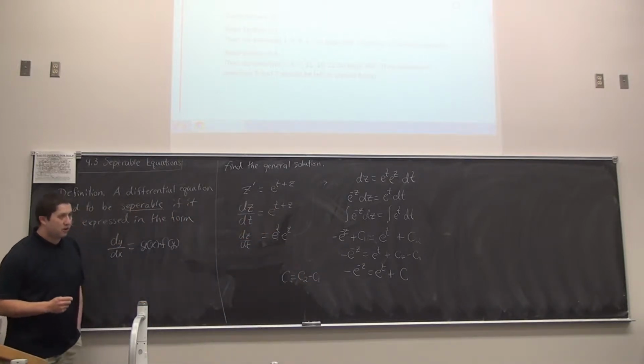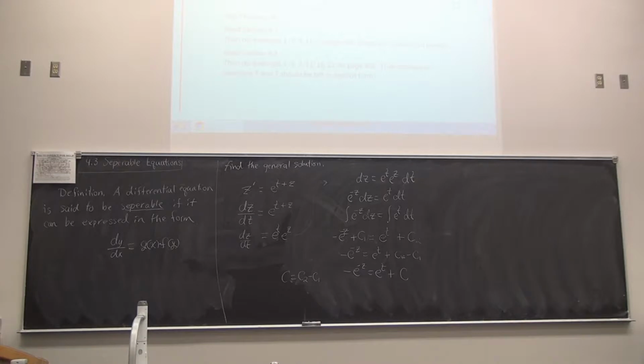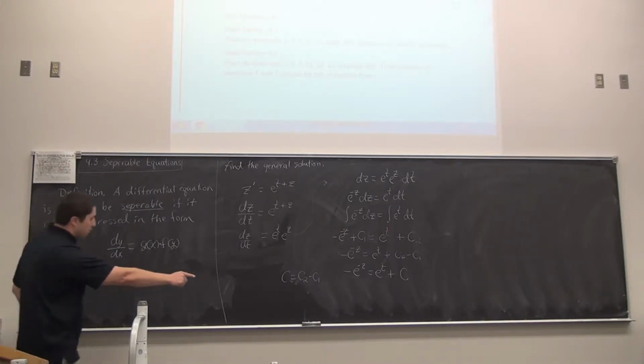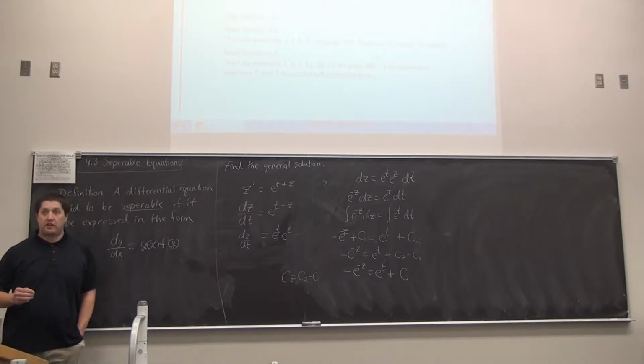So if c2 and c1 are allowed to be any real number, we can substitute it with some other constant c itself, which is any real number. And typically that's what people end up doing. They're just going to, after they take the antiderivative of both sides, only write that constant c and imagine they absorbed both constants into one. Does that make sense so far about the single constant?